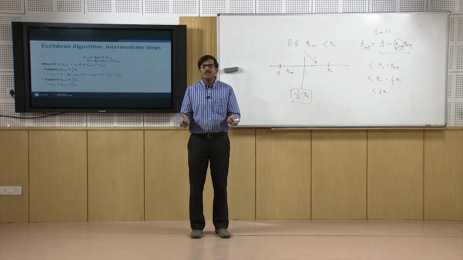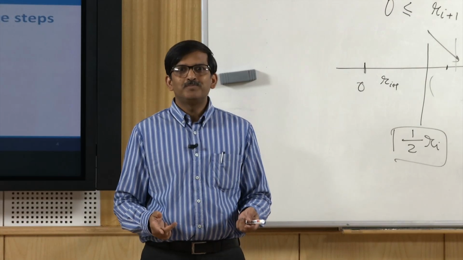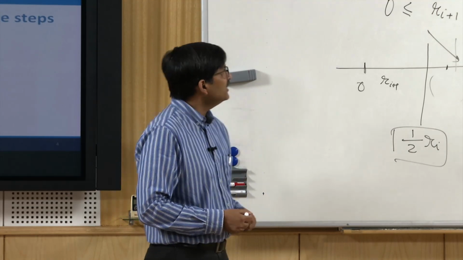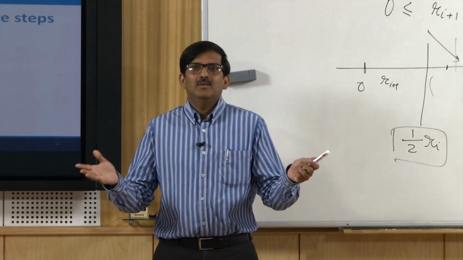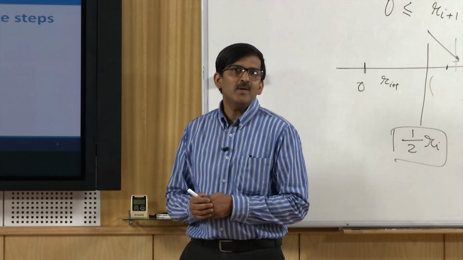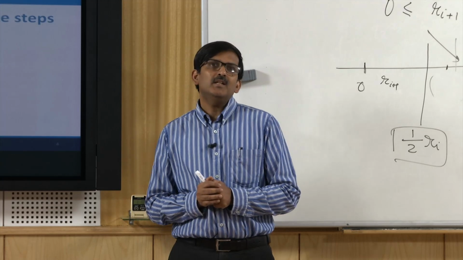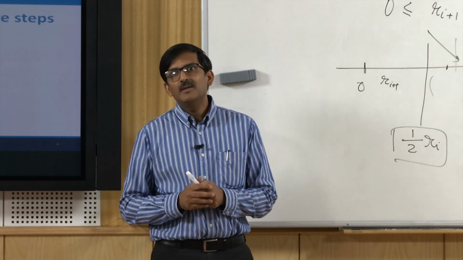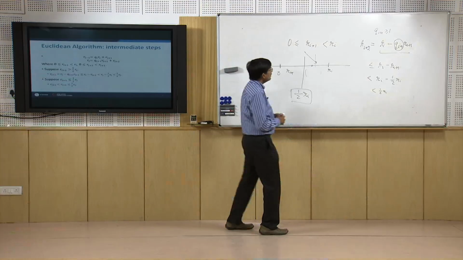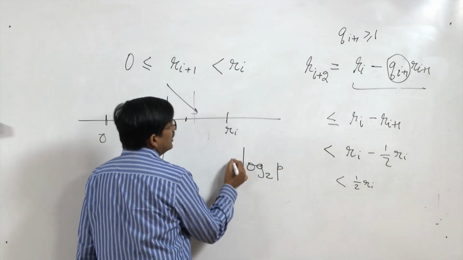So you will be going at most the number of bits in the initial remainder, that is the first line, and that remainder can never exceed the initial divisor, that is A, whose number of bits is bounded above by log p. So you are not going to go more than log to base 2 p many times.